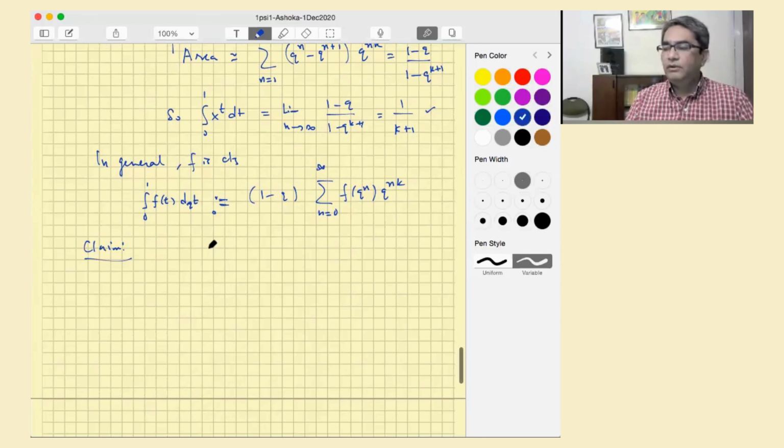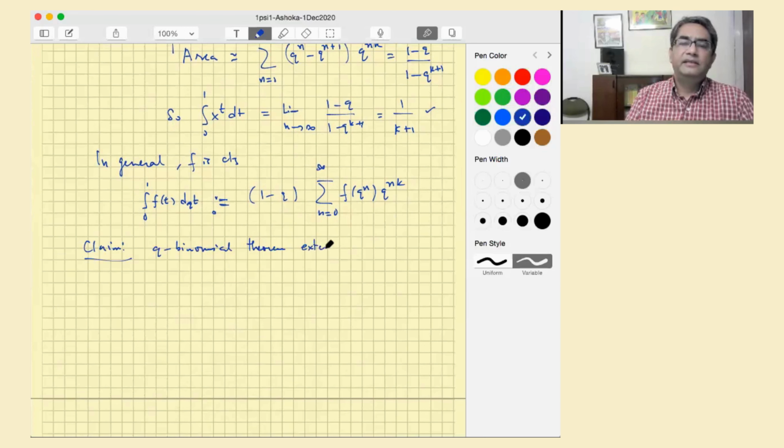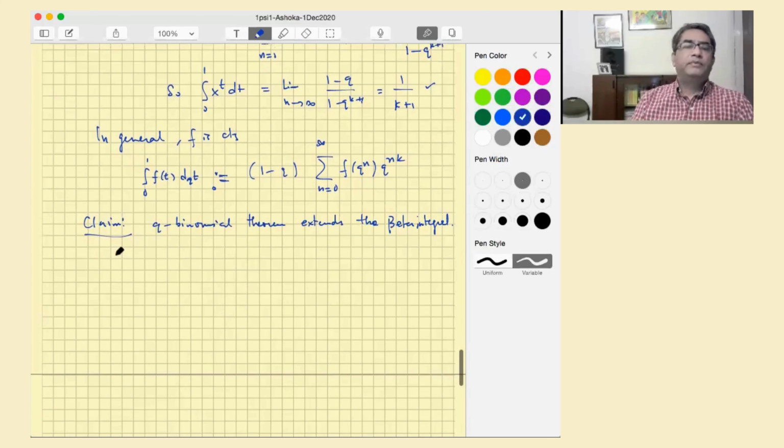Actually, the q binomial theorem itself extends the beta integral. So what we do is, I'll just outline the steps. Take a going to q raised to y, and z going to q raised to x in the q binomial theorem.